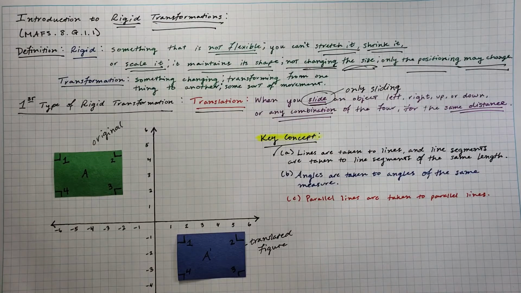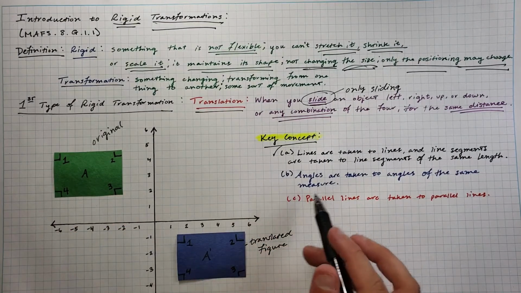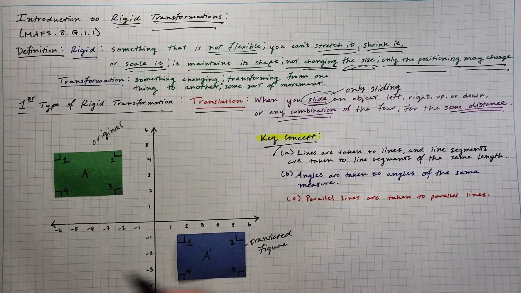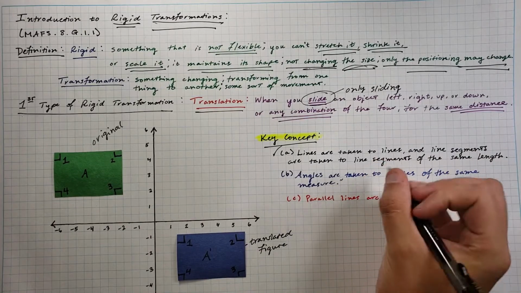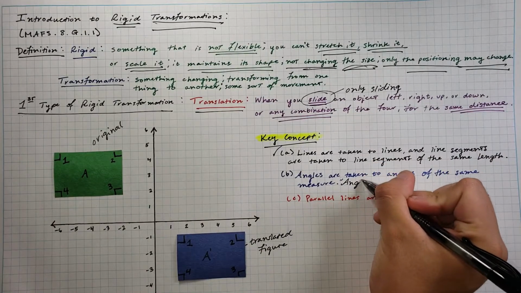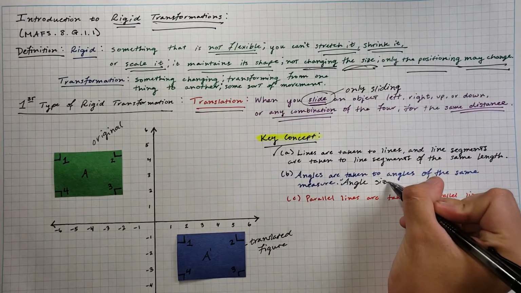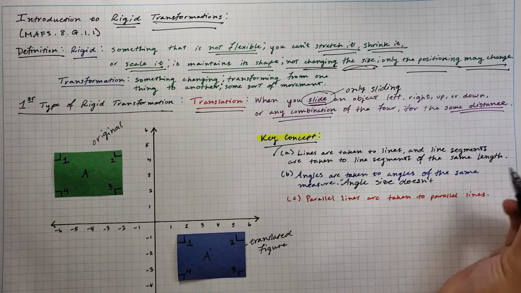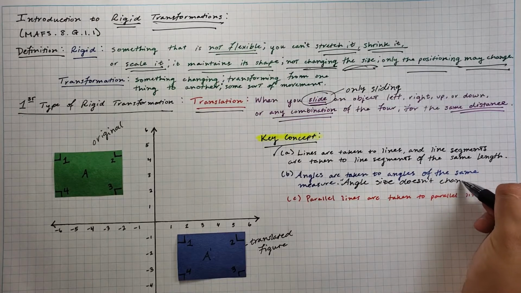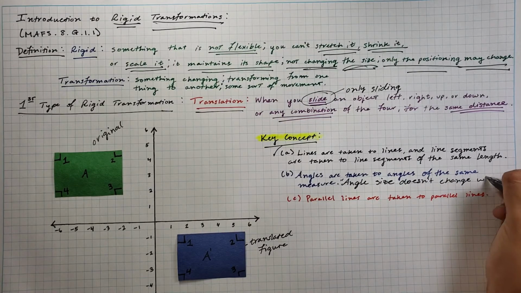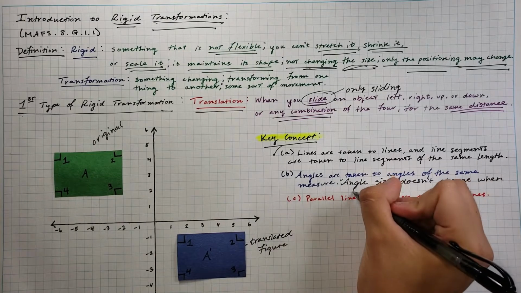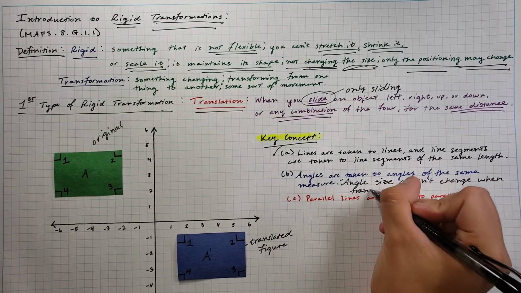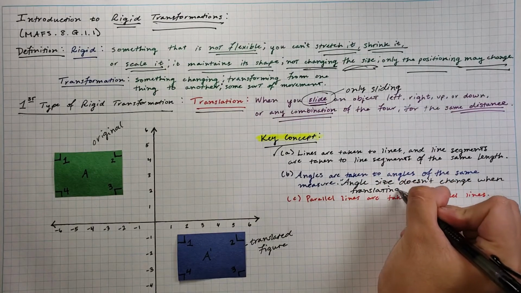So part B is just saying that angles are taken to angles of the same measure. That just means the angles don't change when you're translating. So maybe we'll put it up here: angle size doesn't change when translating. That's all it means. It just means that the angle measure stays the same.